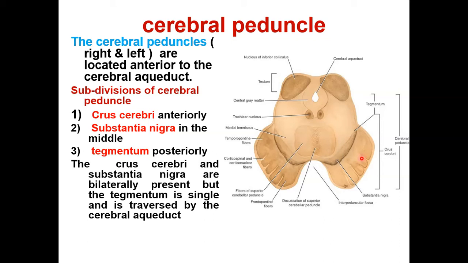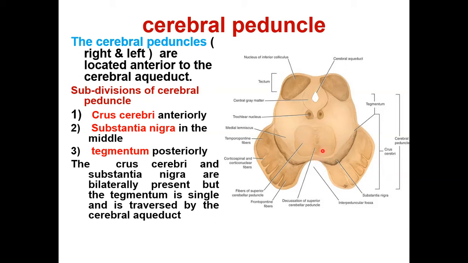So the cerebral peduncle consists of three parts: a single tegmentum, a pair of substantia nigra, and a pair of crus cerebri. The two crus cerebri are present anteriorly, the substantia nigra in the middle, and the tegmentum posteriorly.